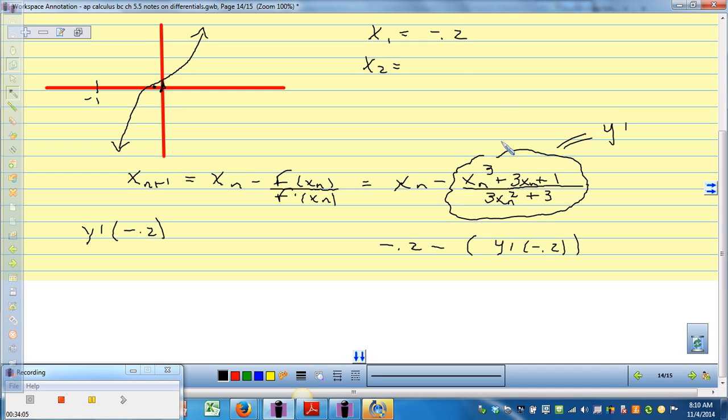So then once I have this, my x of 2 came out to be negative 0.3256. And then I go again to get x of 3. This is now my x of n.